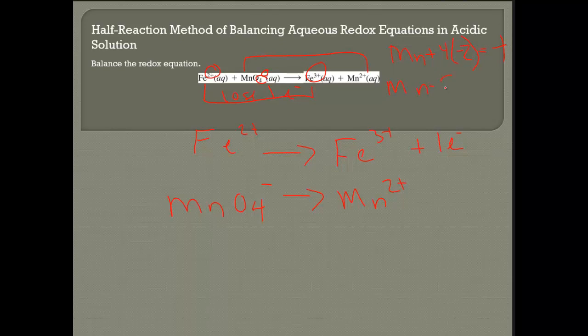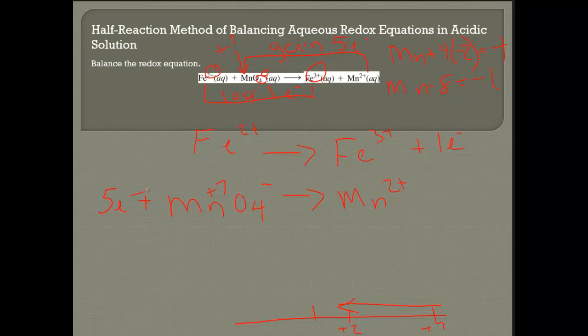That means manganese here is a positive 7. Manganese here is a plus 2. It is becoming more negative, so it is actually gaining 5 electrons. If you didn't follow the more negative thing, here's the number line, here's positive 7, here's positive 2. It's getting closer to the negative side. So therefore it's gaining 5 electrons in order for that to happen. So I'm going to put 5 electrons on the left hand side.